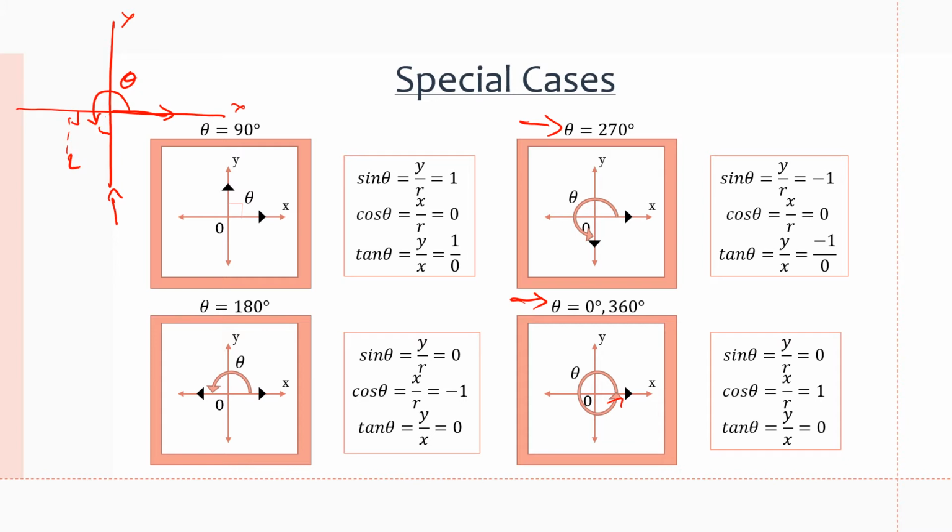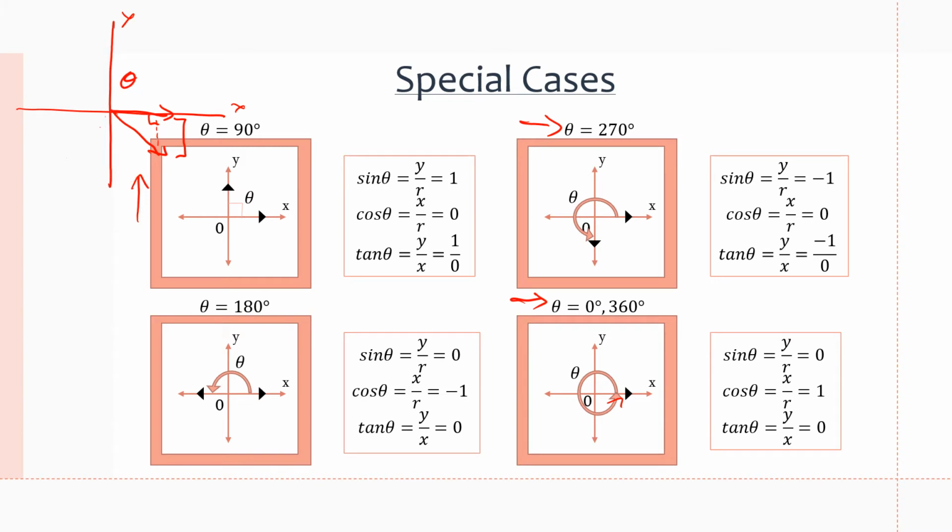But now, let's redraw it here. We have this triangle down here. Here's our terminal arm. We make a little triangle. As we push this triangle up now, we squish it up. This length, the y length, is going to get shorter and shorter until we hit the x-axis, and then it's going to hit 0. And as we push the triangle up, our hypotenuse is going to become the same length as our x length.